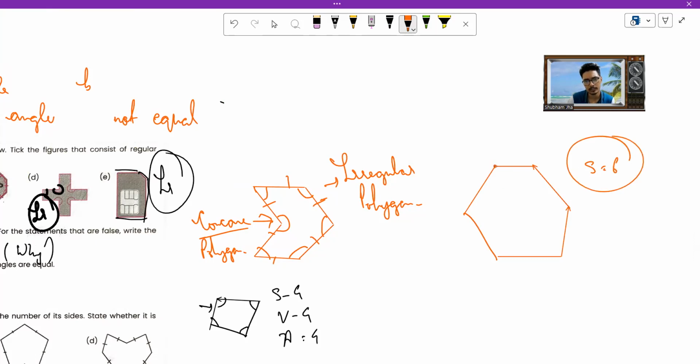If you look at the vertices, 1, 2, 3, 4, 5, and 6. So vertices is again 6. What about the angles? 1, 2, 3, 4, 5, and 6. Angles are also 6. Therefore, we can say that this is my true.